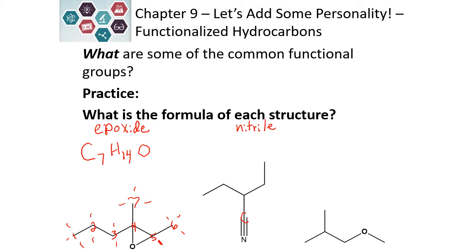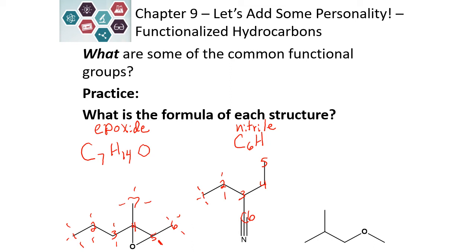If we want to count our carbons, 1, 2, 3, 4, 5, and don't forget the 1 in the triple bond, so that's 6. So we would have C6. Now we have to count our hydrogens. We have 3 off the first carbon, because there's only 1 bond drawn, 2 off the second.